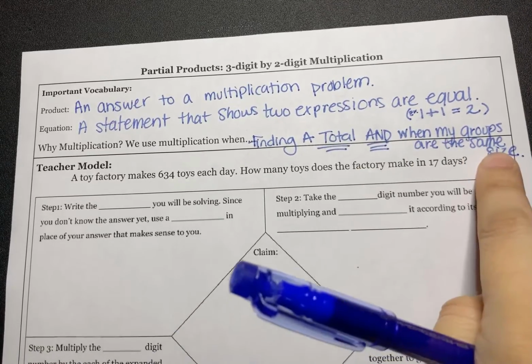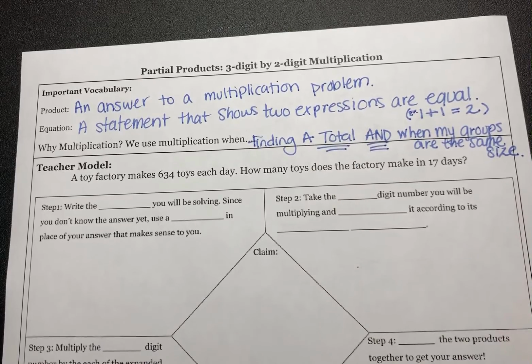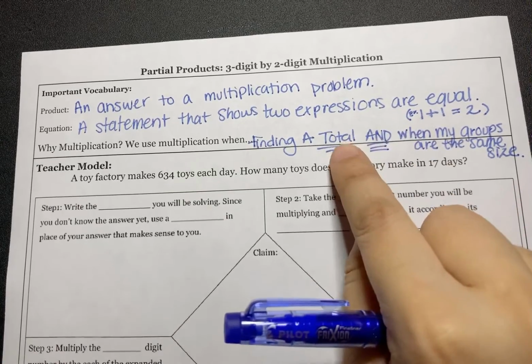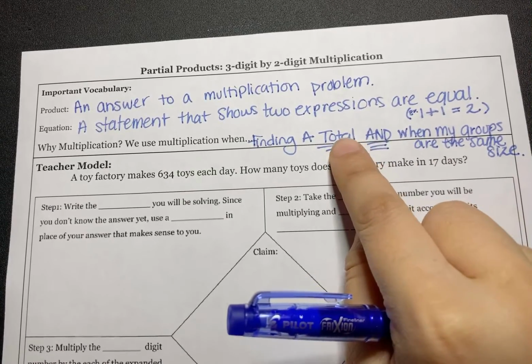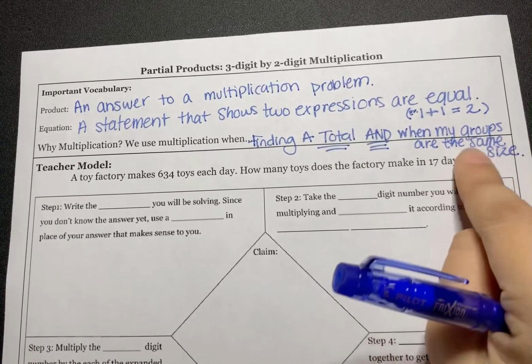These two things are very important because technically there are two operations where you're trying to find the total of something. One is addition and one is multiplication. What makes the deciding factor is when your groups are the same size.